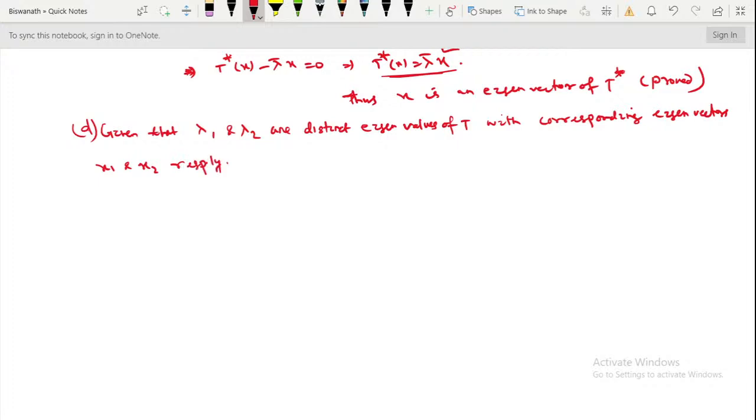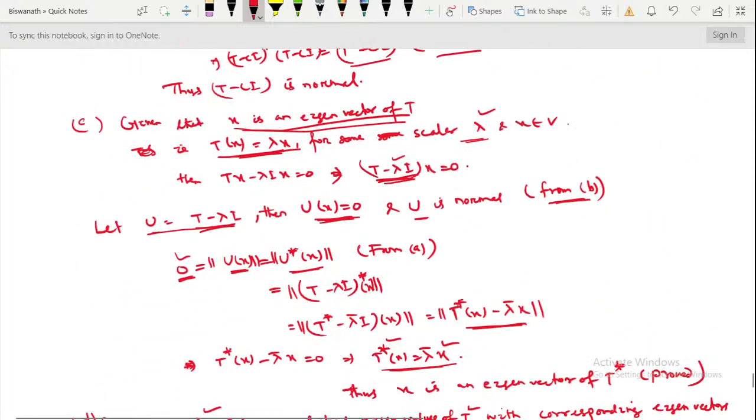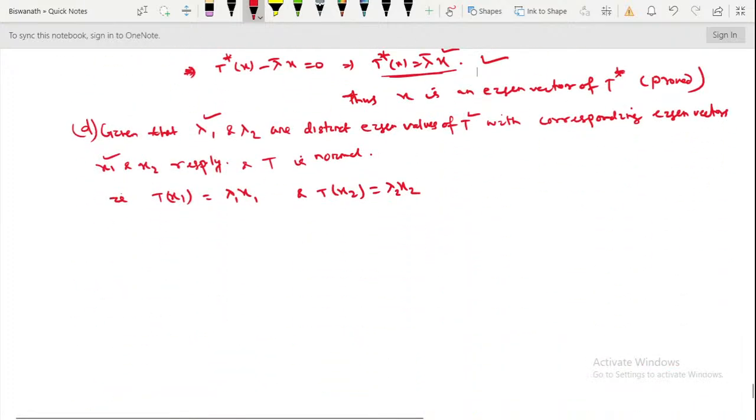And T is normal, it is given. That means you can say T of x1 is equal to lambda 1 of x1 and T of x2 is equal to lambda 2 of x2. And what we got in this bit c: if Tx equals lambda x, then T star x is equal to lambda bar x.